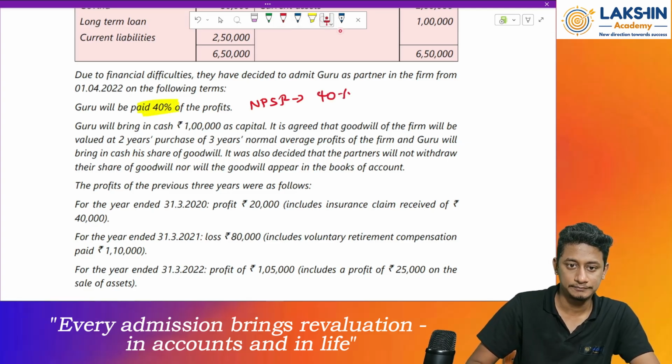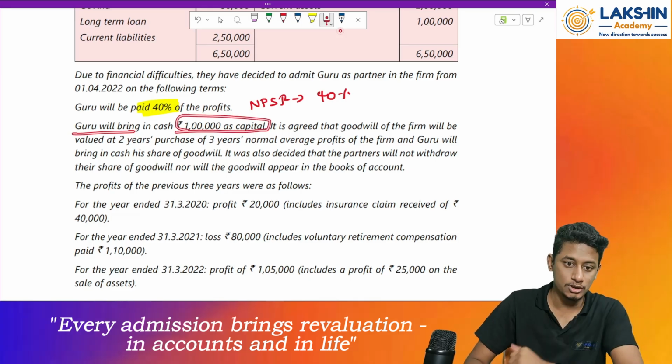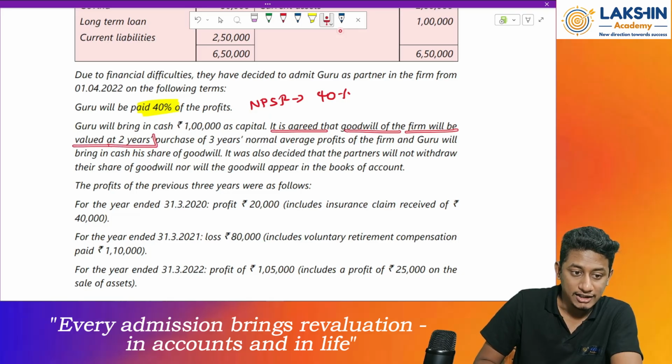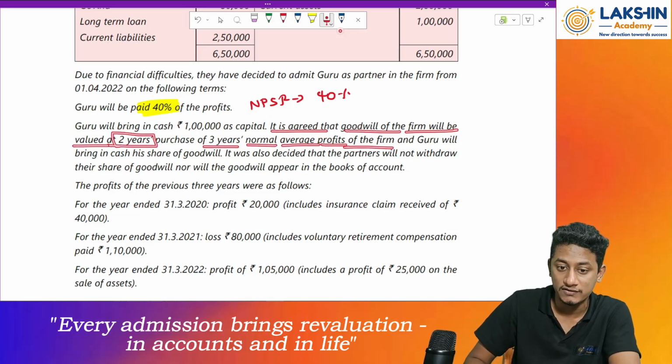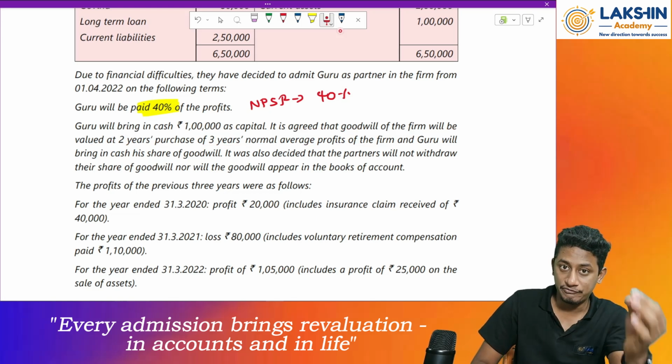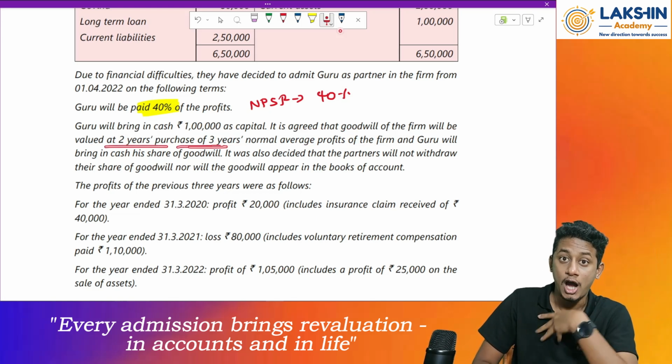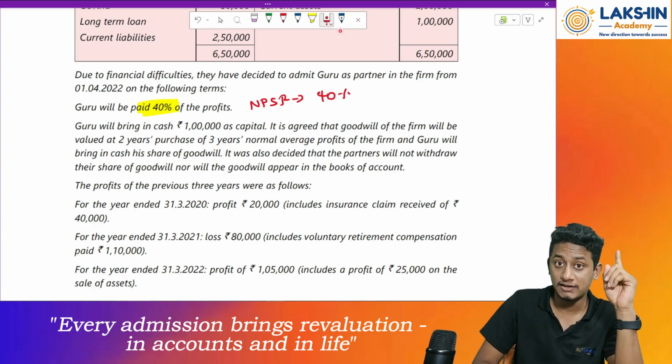Then going ahead. Guru will bring in cash of rupees 1 lakh as capital. Cool. It is agreed that goodwill of the firm will be valued at 2 years of purchase of 3 years normal average profits of the firm. So I need to find out the goodwill myself. This is the hint that I need to find out the goodwill myself. How to find it out? Remember the average method we had followed over there.